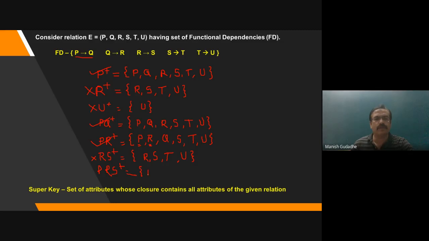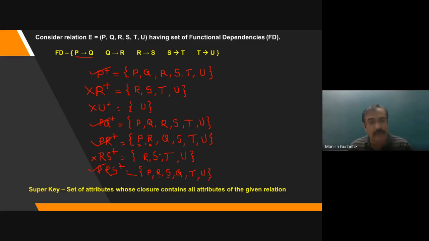So it is going to infer P, it is going to infer R, it is going to infer S. So P is going to infer Q, Q is going to infer R, which is already there, R is going to infer S, which is already there, S is going to infer T, and T is going to infer U. So this also contains all the attributes from E. So this will also be a super key.